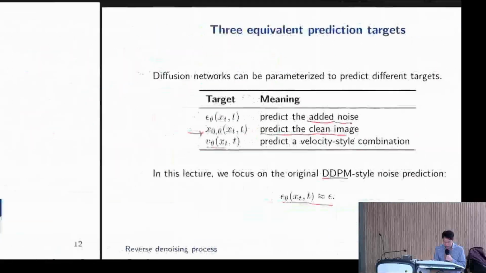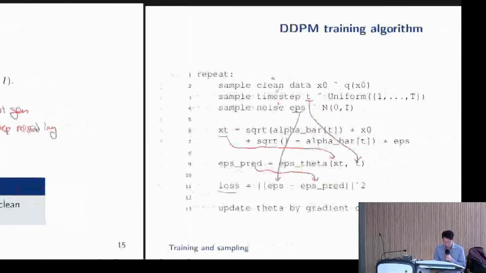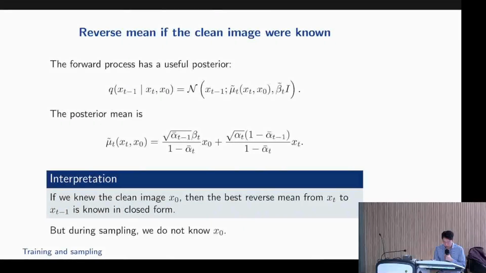So let's think about this posterior distribution. Now compare the indices. Compared to before, the indices have been flipped. So the Gaussian distribution is xt given xt minus 1. We're interested in finding out the reverse, q of xt minus 1 given xt, and also given the clean image x0.